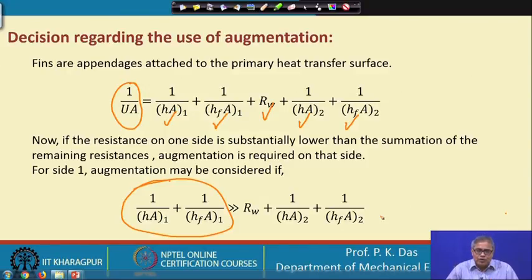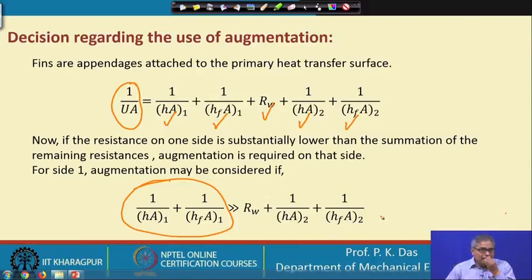So, if we are going to provide fins, we have to provide first on the gas side. In many cases, on the liquid side we need not provide fins. Sometimes we provide small fins for enhancing the rate of heat transfer or coefficient of heat transfer. But if it is gas liquid, then in almost 100% of cases the decision is taken to enhance the rate of heat transfer on the gas side by providing fins.